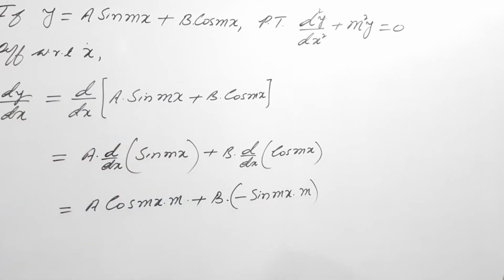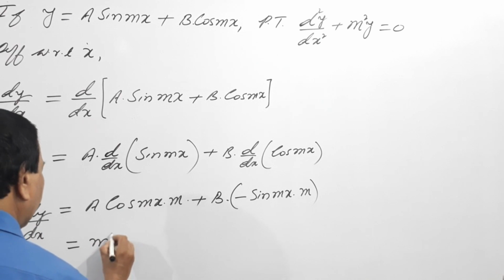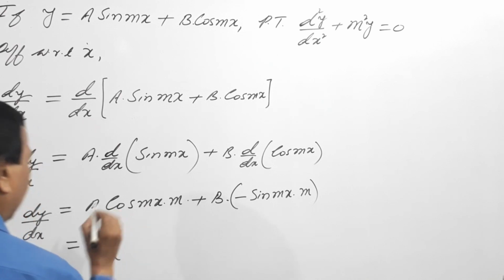So what I will do is take this m as common. What is this? This is our dy by dx. So this is equal to, m I will take common. So I will write like this.